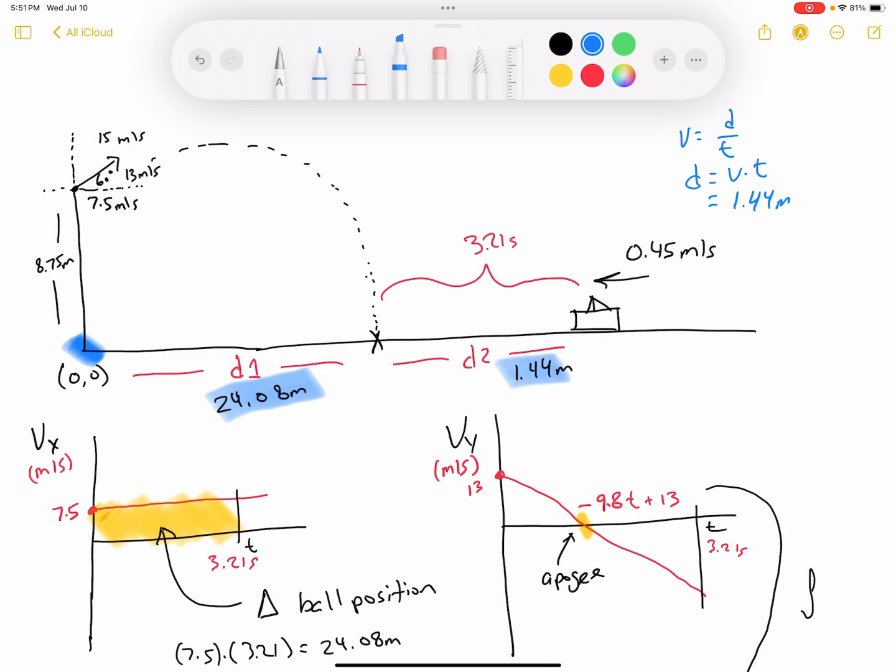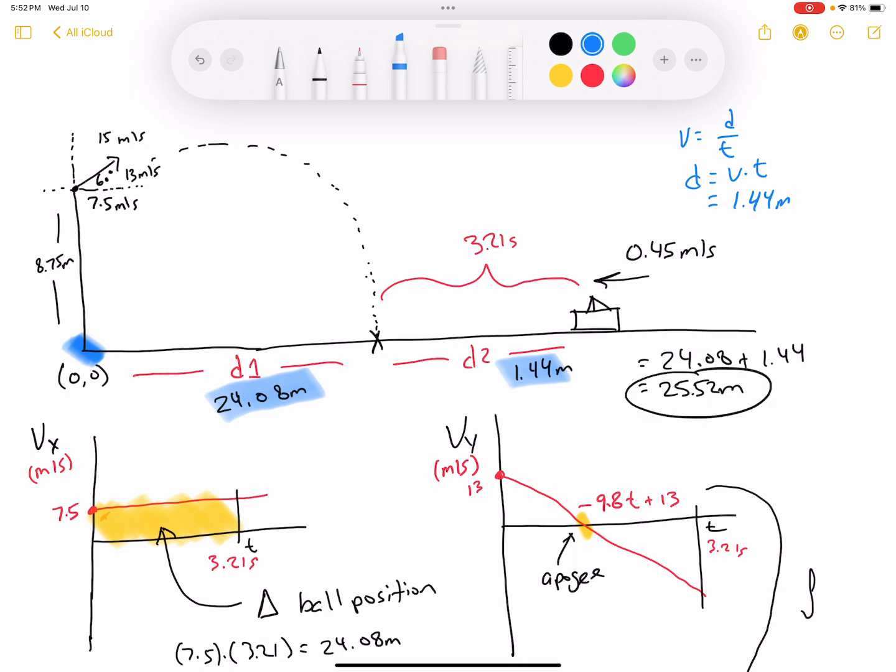And so the question is how far away should the boat be from the origin the moment the person throws the ball? Well, that's just some simple addition. All you have to do is 24.08 plus 1.44, and you end up with 25.52 meters.